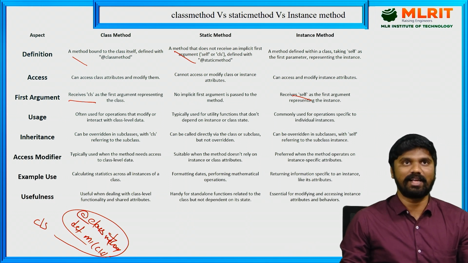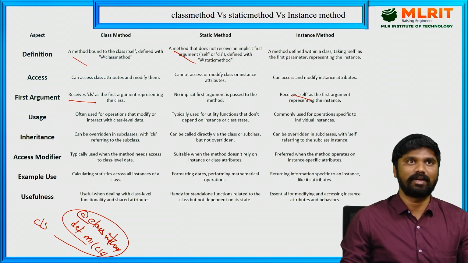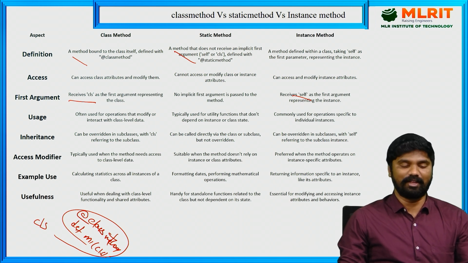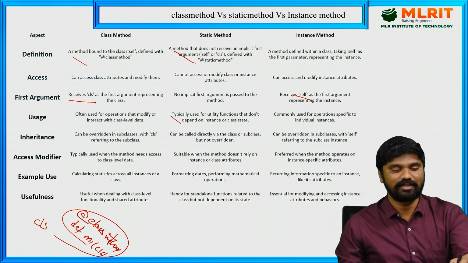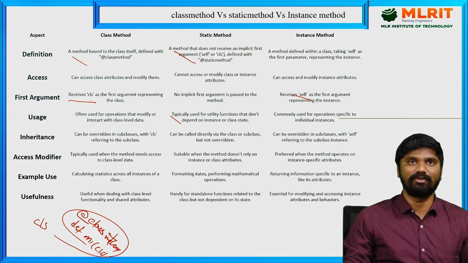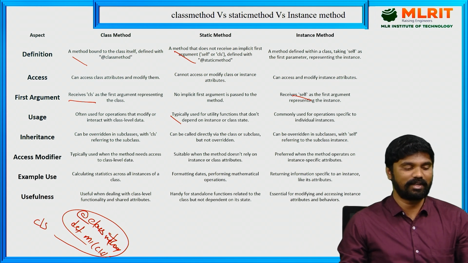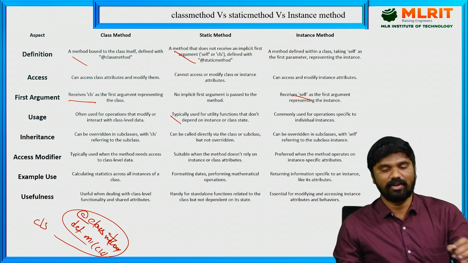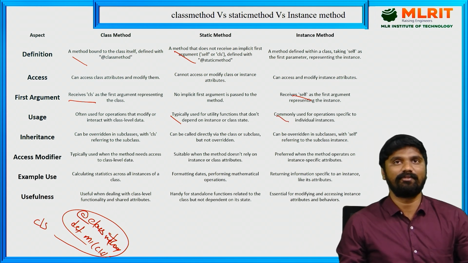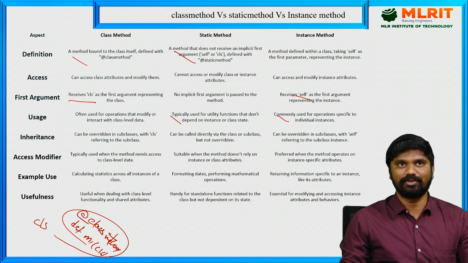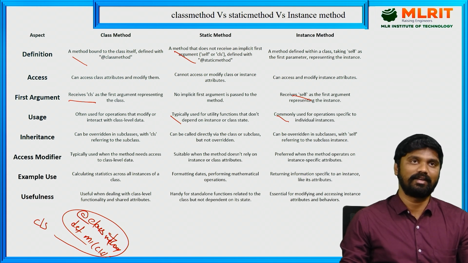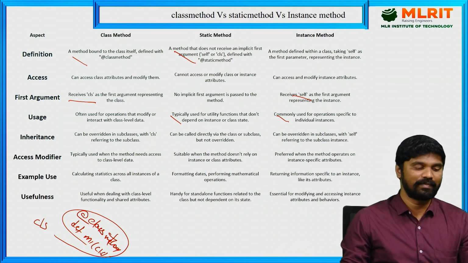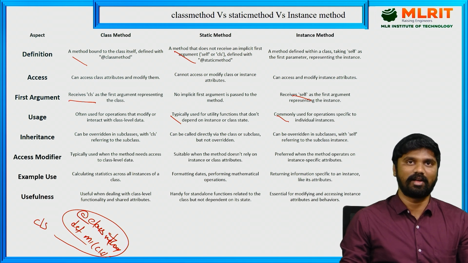That means the class method is used to access class level variables. Coming to the static method, it is used for utility functions, which are for temporary related tasks. Now, the instance method is commonly used to complete tasks or perform operations on the objects or on the object level data.